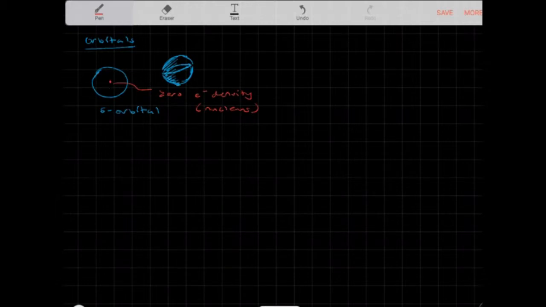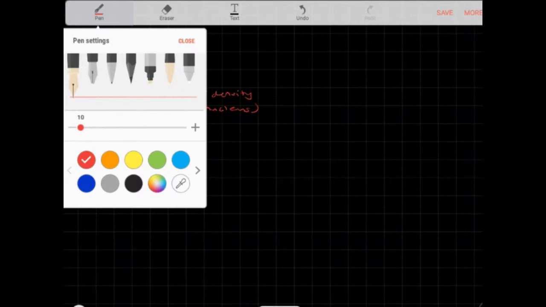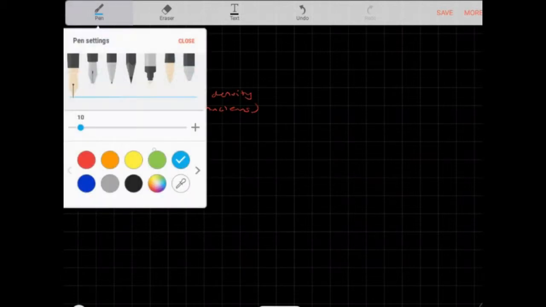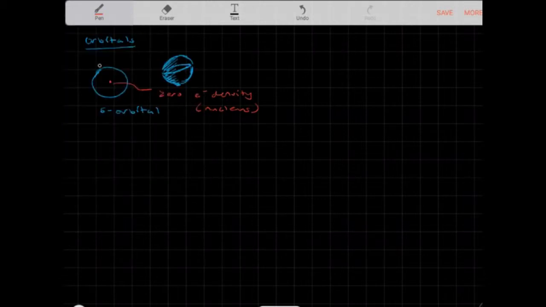Now, the reason we outline the edges with a circle is that this is the highest probability of finding an electron. So at the edges, we have the highest probability of finding an electron, right?